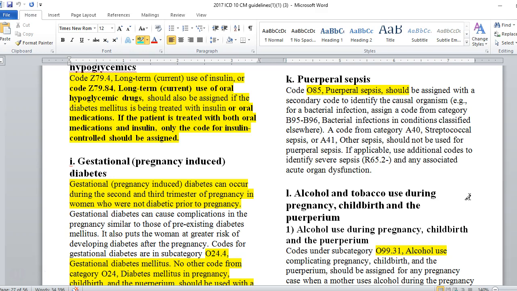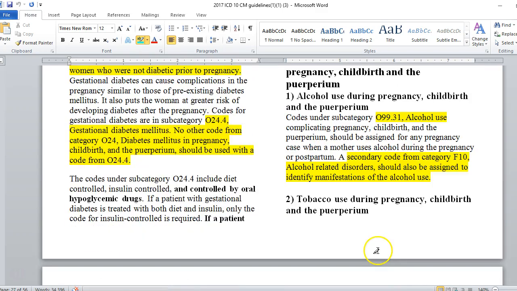If applicable, use additional codes to identify severe sepsis and any associated acute organ dysfunction. So again, they're giving us everything in sequence order. What do we do first? What do we do second? What do we do third? O85, then the infectious agent, then the severe sepsis, if that's what the patient has.